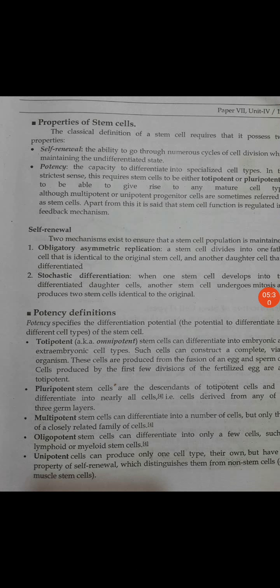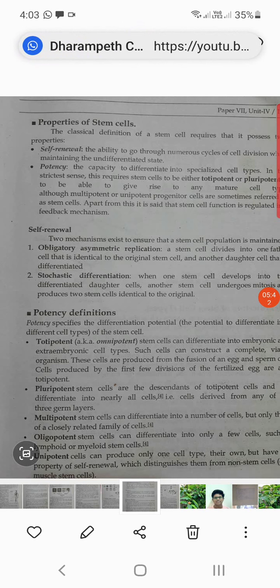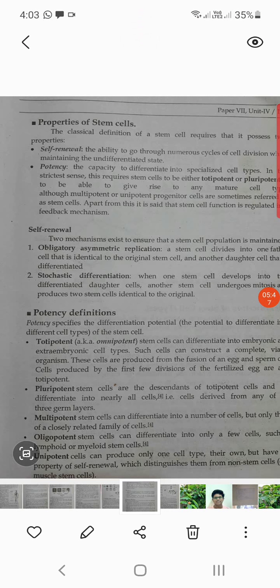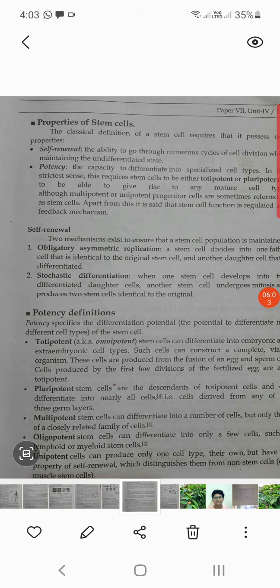Multipotent stem cells can differentiate into a number of cells, but only those of closely related family cells. Oligopotent stem cells can differentiate into only a few cells. Then unipotent cells can produce only one cell type, their own, but have the property of self-renewal which distinguishes them from non-stem cells. So these are the capacities of particular stem cells to divide or to give rise to cells.